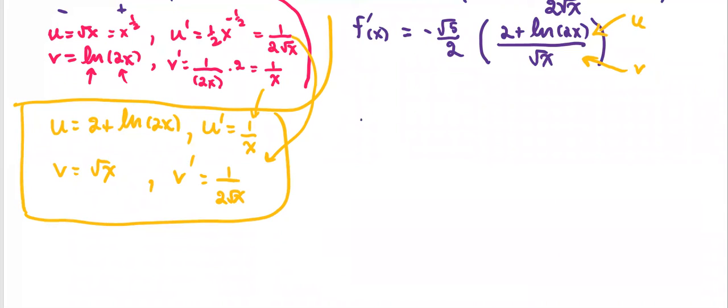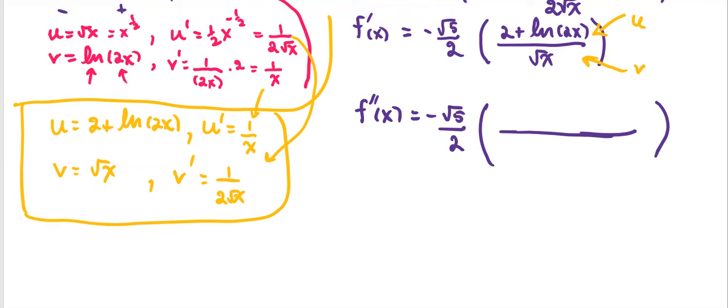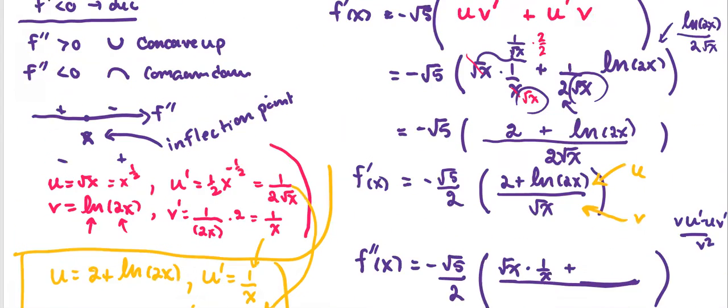Now, put them together to get the f double prime with the common factor negative square root 5 over 2. The quotient rule, which is v u prime minus u v prime over v squared, or the denominator times the numerator derivative, which is the u prime. What we get is 1 over x, and then plus, not plus, sorry, it's minus sign.